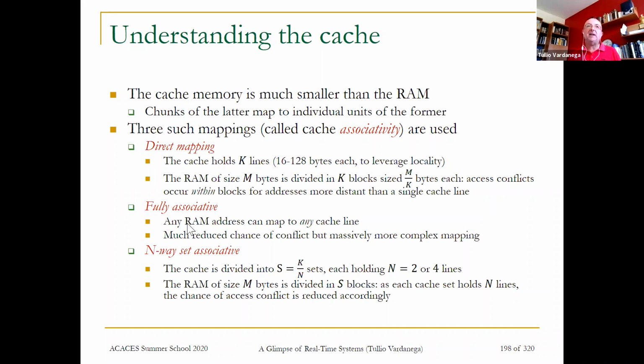This is very bad news for a very simple reason. The cache is very small in comparison to the RAM. So when I'm saying that you have a fixed position, it's not only your fixed position, but lots of other RAM addresses have exactly the same position as you. So you have a cache conflict, maximum cache conflict, when you have direct mapping.